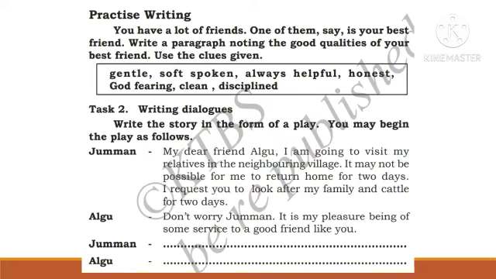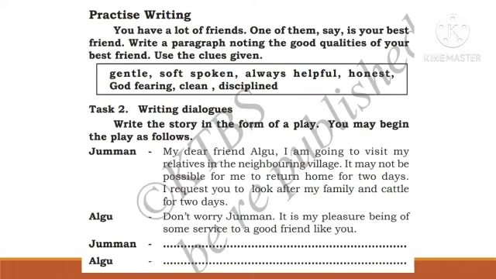Okay, you can use the clues like gentle, soft spoken, always helpful, honest, God fearing, clean, disciplined, etc. So you can use these qualities or these hints to write about the good qualities of your best friend. Okay, so you have to write a paragraph.